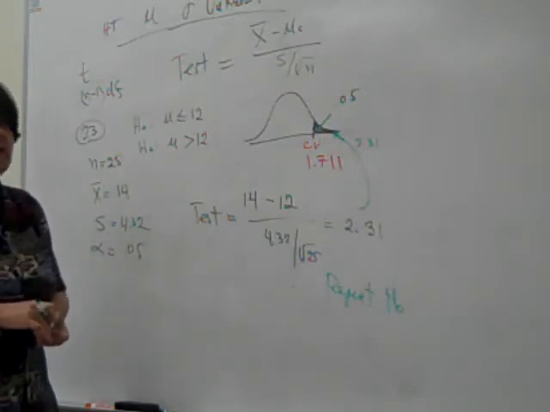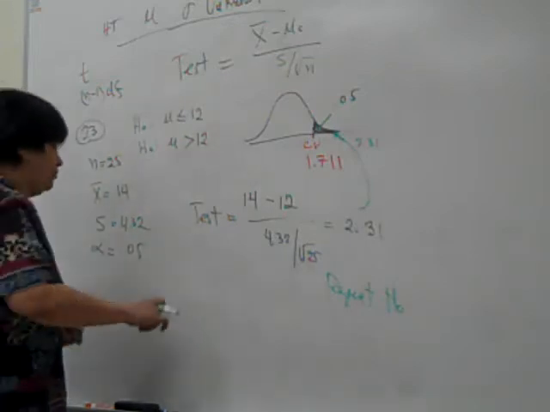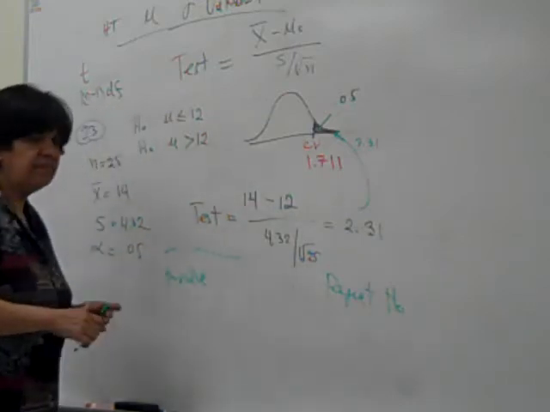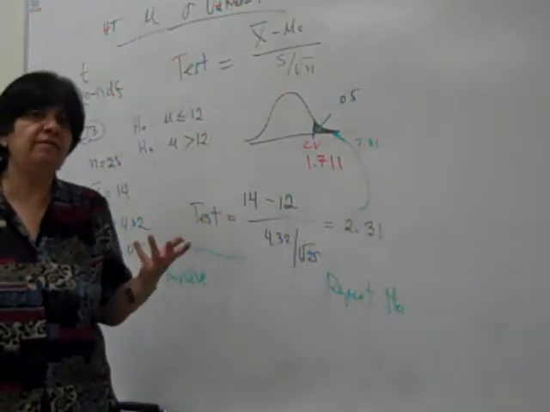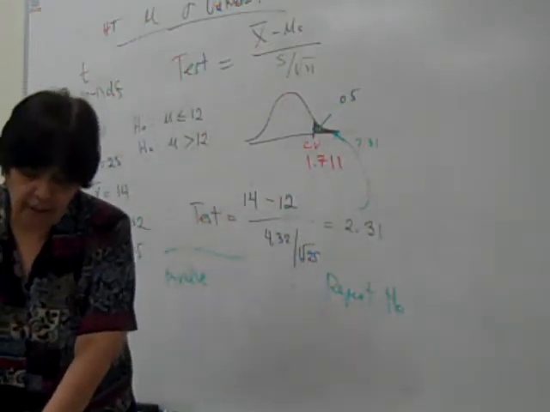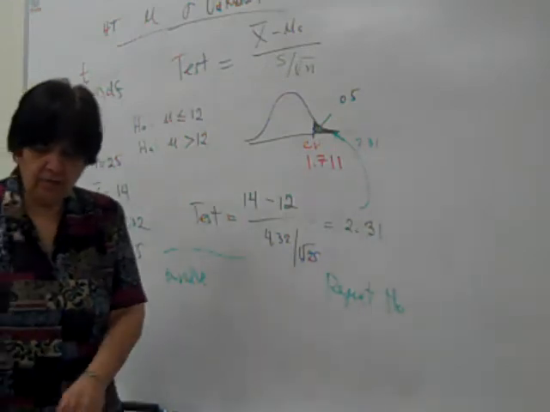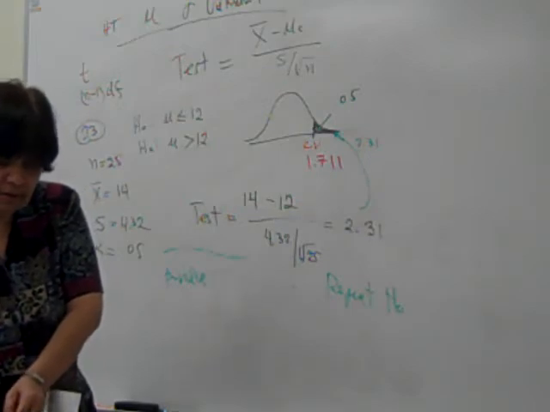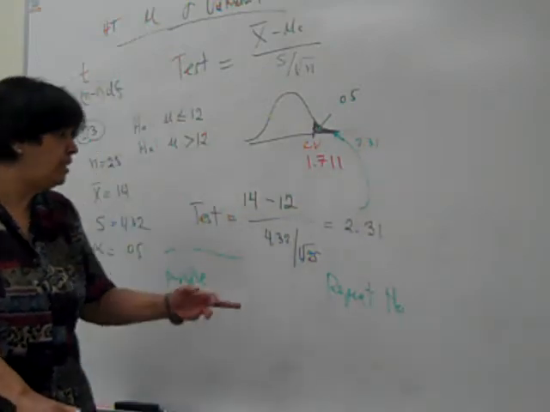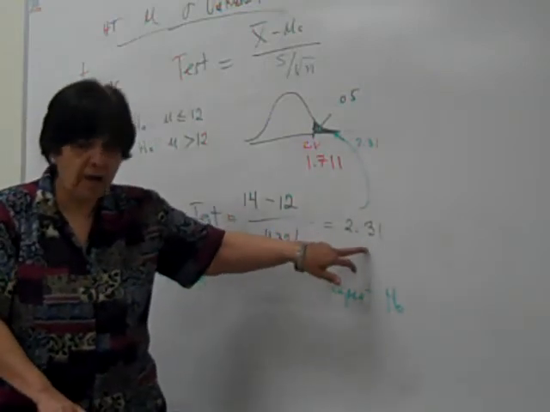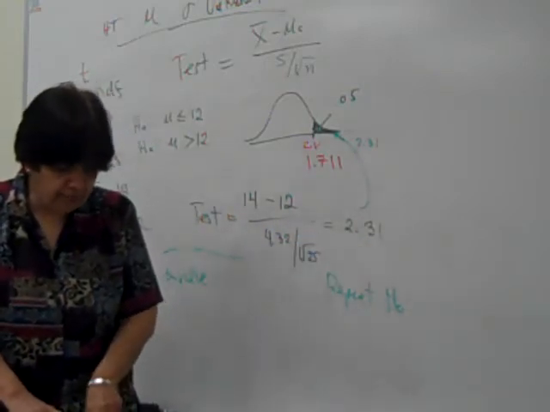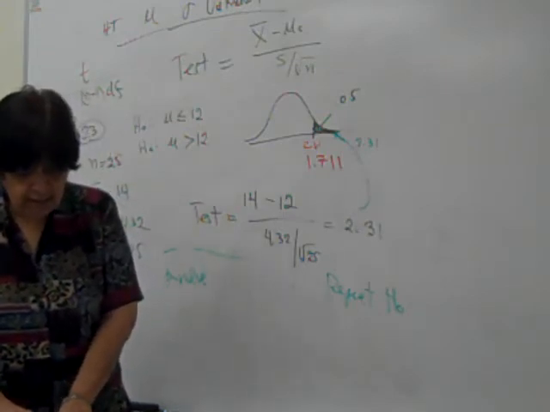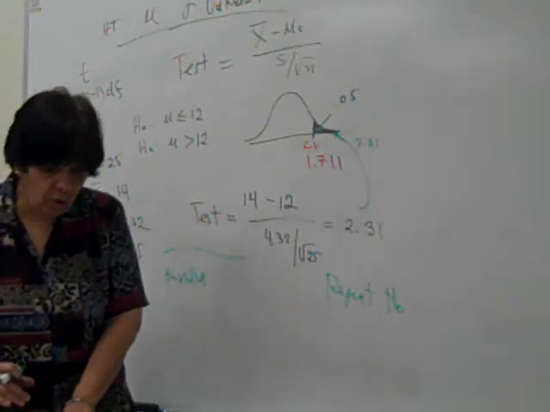Now what happens when we use the p-value approach? Since the t-tables do not give us the exact p-value, either you use a statistical package or any other means to calculate it, or you go to the tables and find where the 2.31 is located, where the degrees of freedom is 24. The 2.31 is located between the 0.025 and the 0.01.